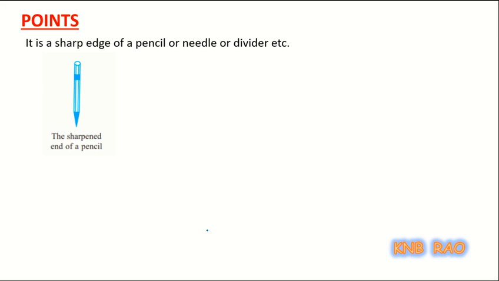Even the cursor that I am moving on the screen, you could observe this cursor what I am moving, it also reflects a point, isn't it, with which I can mark. Then even in this case of needle, sharp edge of a needle resembles the point.